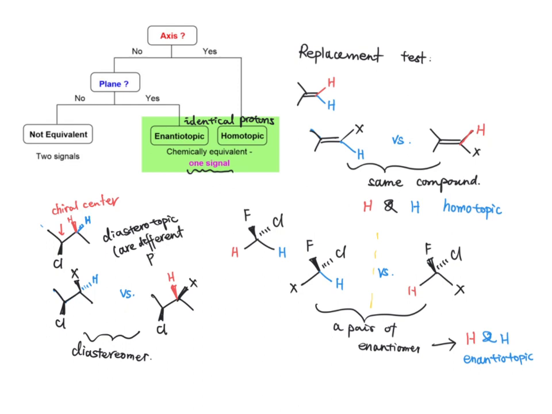That means they will give off different signals in the proton NMR. So they belong to this part here, not equivalent. They will give you two signals. Each type of proton will give you one signal. So that is how we can determine how many signals we are going to see, based on how many different types of protons we see.